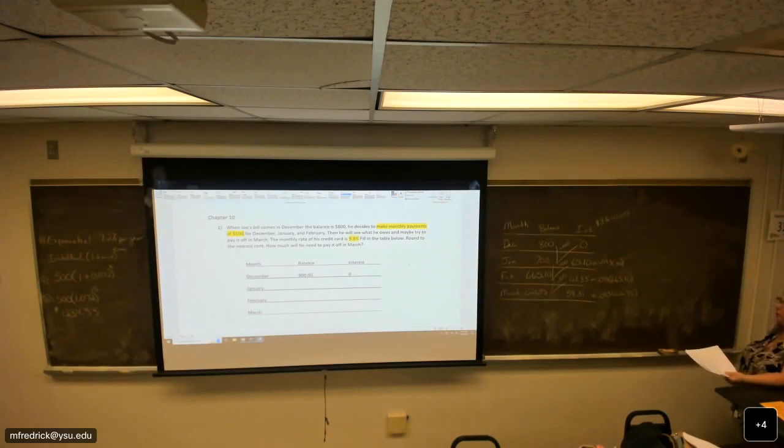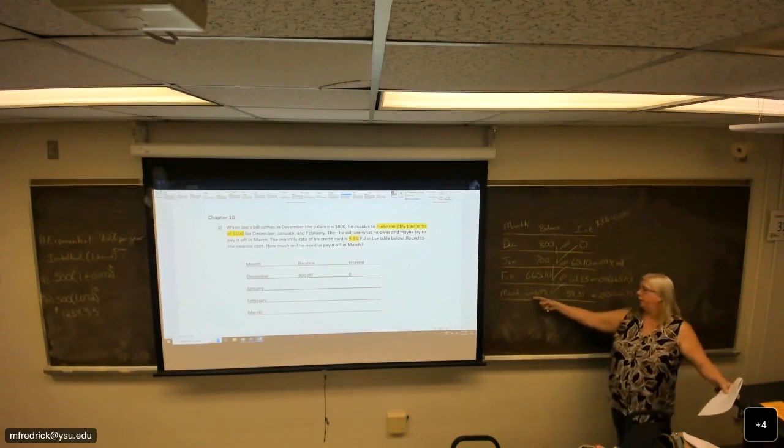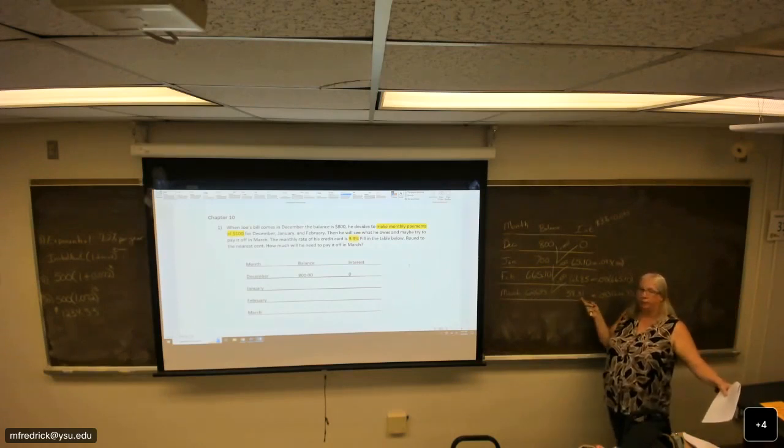So he made a payment for the end of December, January, and February. In March, he'd like to pay it off. To pay it off, he has to pay the balance and the new interest.